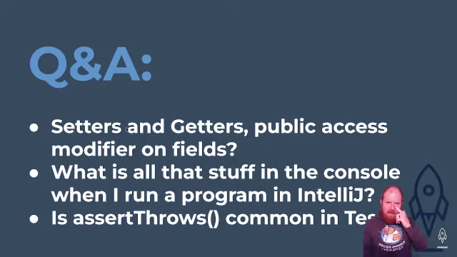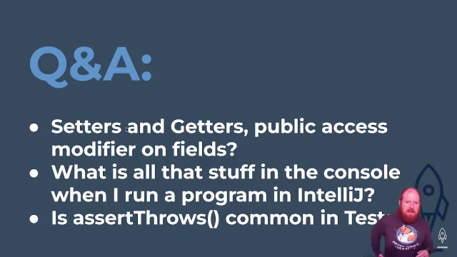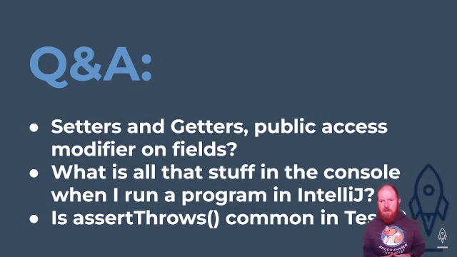Now the QA questions that were asked in the Discord channel, somebody was talking about public access modifiers, but we use setters and getters. So I just wanted to clear the vocabulary there. When the book says public access modifier, they are talking about setters and getters.